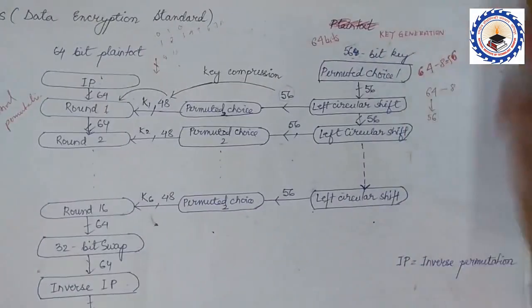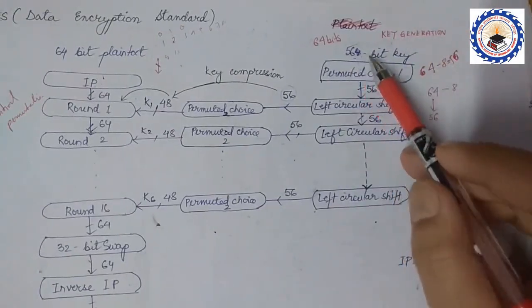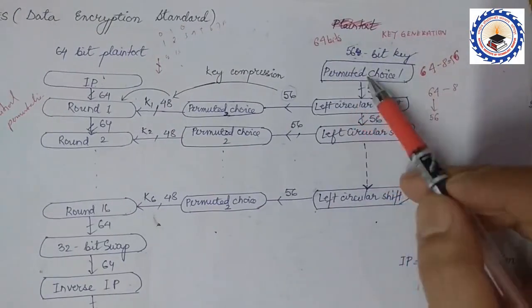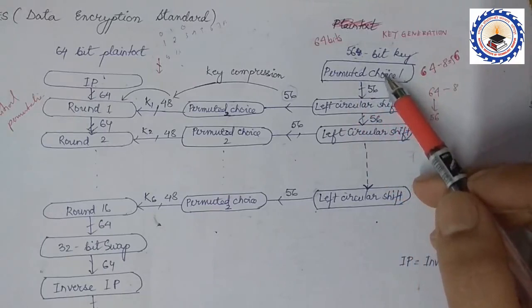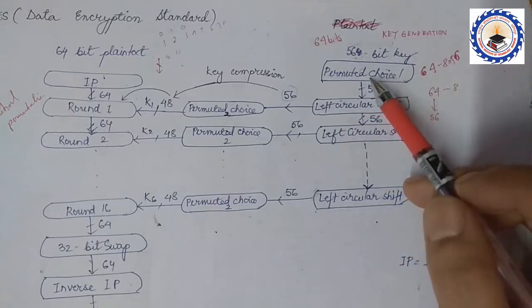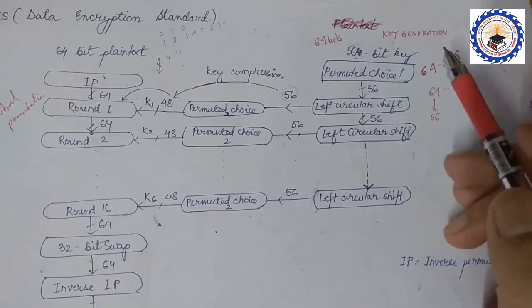If you look at this particular diagram, from the 56-bit key we have a permuted choice 1. There is a default permutation table used for the DES algorithm. That table we term permuted choice 1 and permuted choice 2.